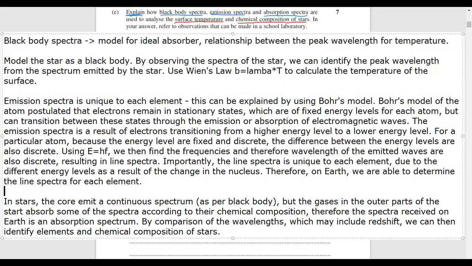So something like this, we'll talk about that. Now, what I probably need to add in my answer, if you read the question, is refer to observations that can be made in a school laboratory. So I've spoken about this very generally for now. I haven't really tied it specifically to observations made in a school laboratory yet. So I'll probably need to add some more specific references to observations made in a school laboratory.